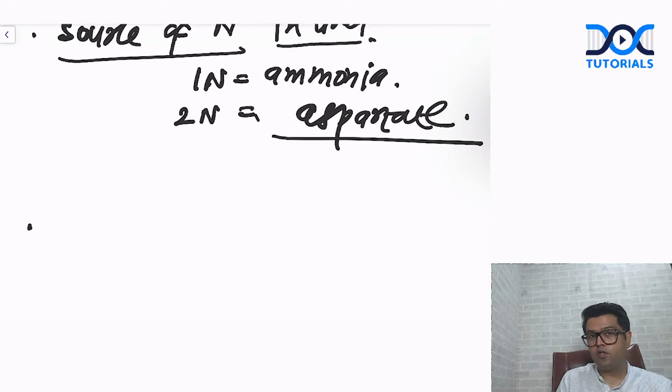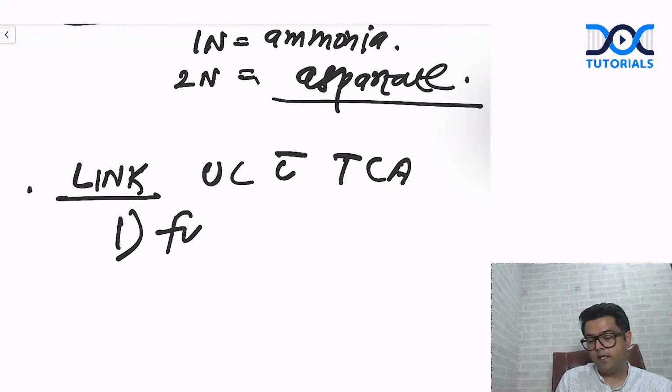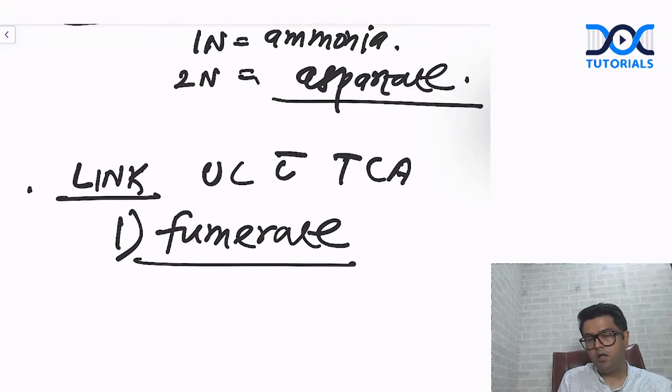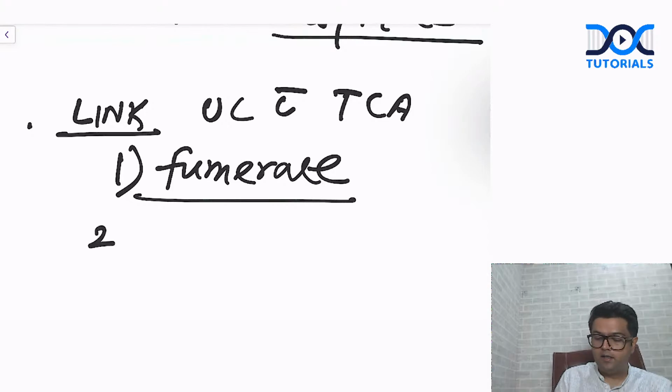And what else should we know? The other question was link, right? Link of the urea cycle with the Krebs cycle. The best answer is fumarate. Okay. But have you seen the question? It mentioned links, so there should be multiple answers, na? Links. So fumarate is the answer, right? The second is, guys, aspartate, right?